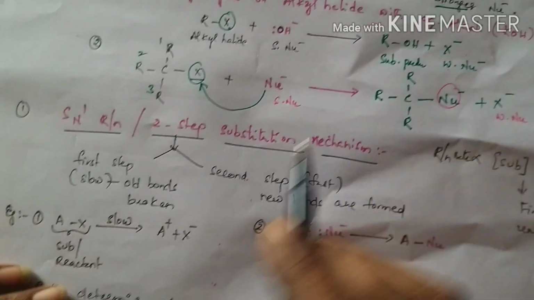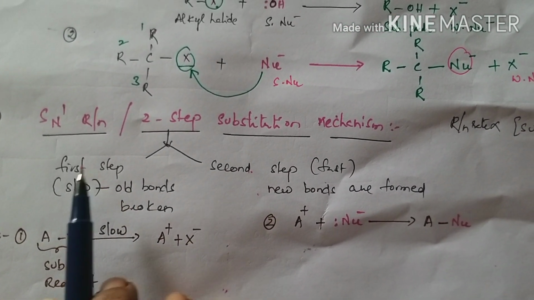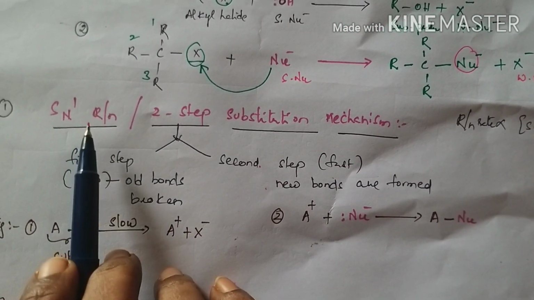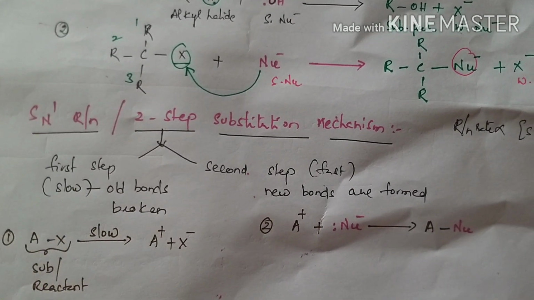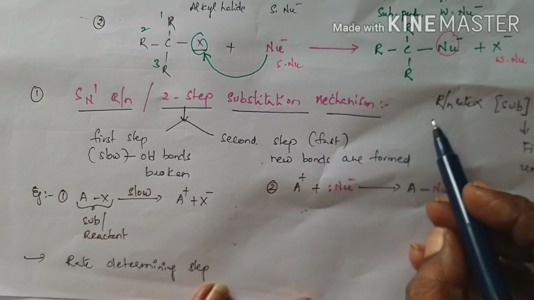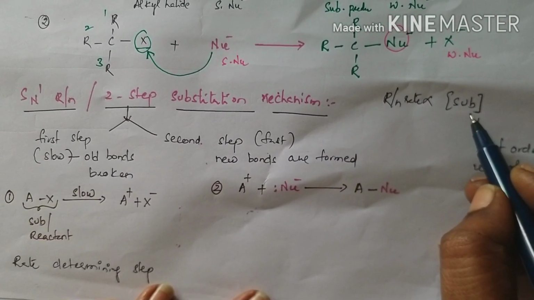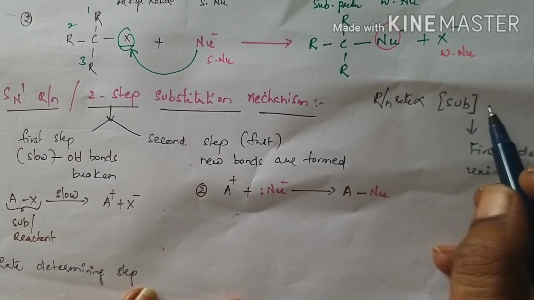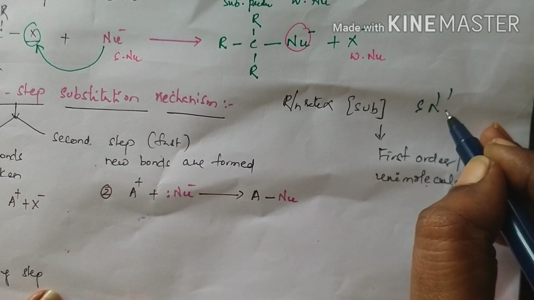Now, substitution nucleophilic reactions are divided into mainly two types: the SN1 reaction and the SN2 reaction. SN1 reaction means the rate of reaction mainly depends on the concentration of the substrate, hence it is known as the SN1 reaction, substitution nucleophilic 1 reaction.